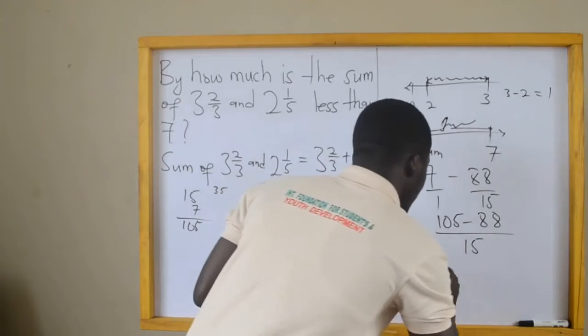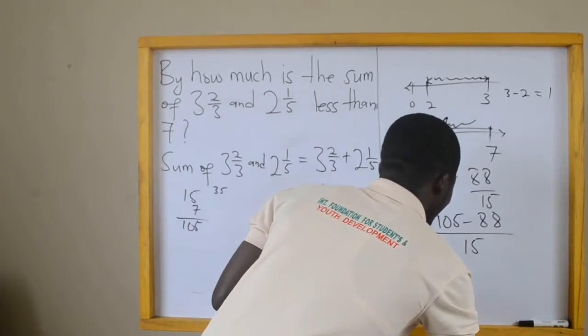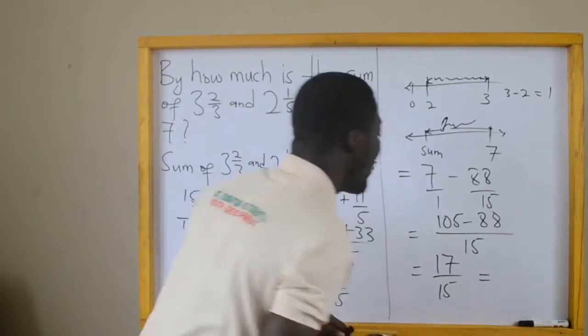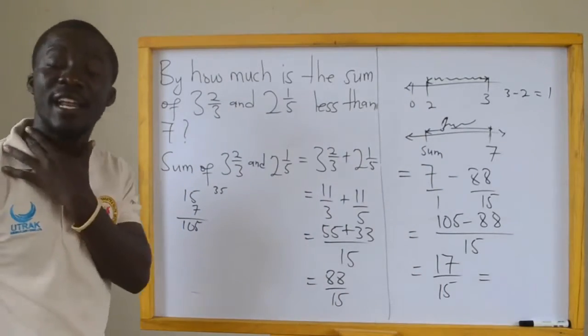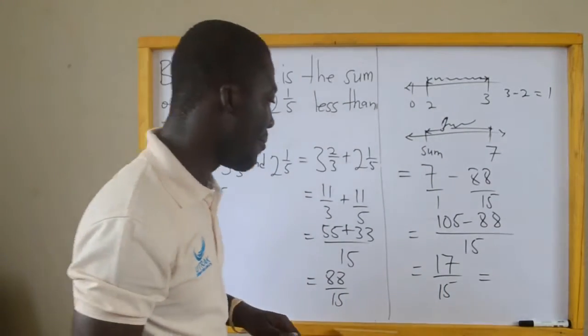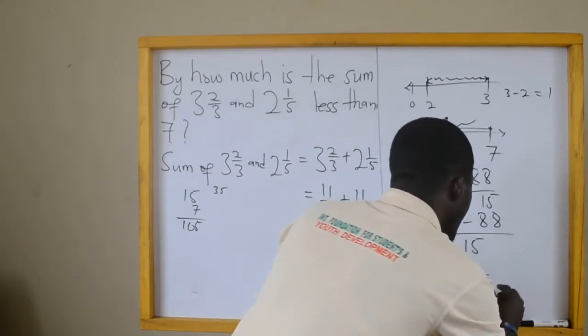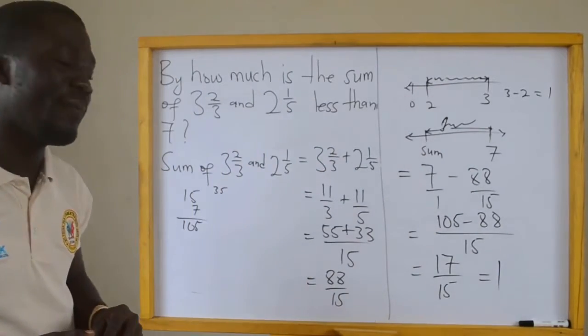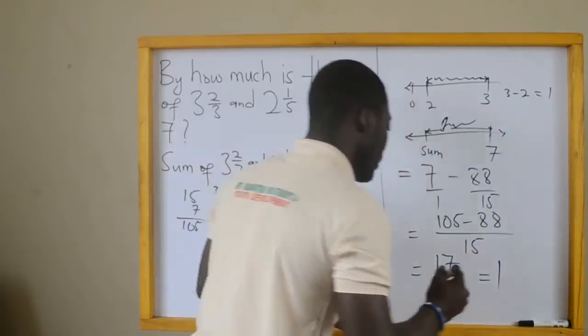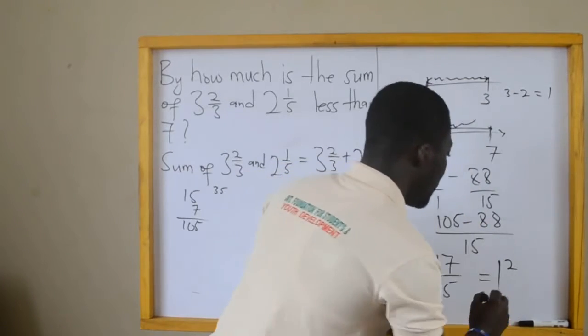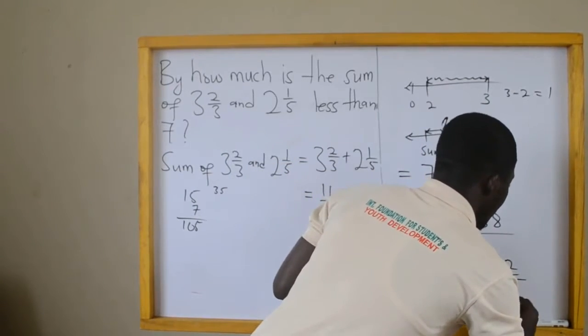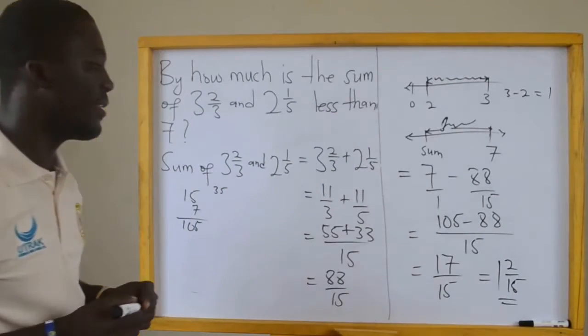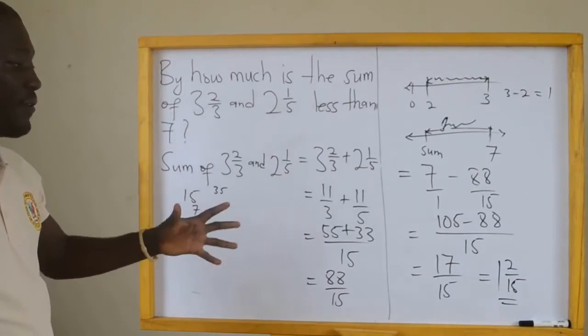So 17 over 15. And you can rewrite it as a mixed fraction: 15 goes into 17 once, then the remainder is 2, so 1 whole number 2 over 15. So that would be the final answer for this question.